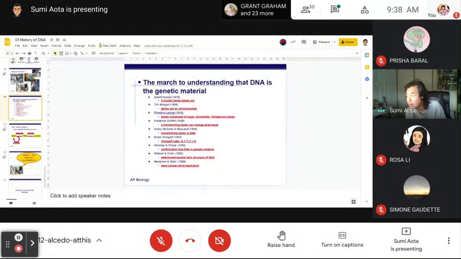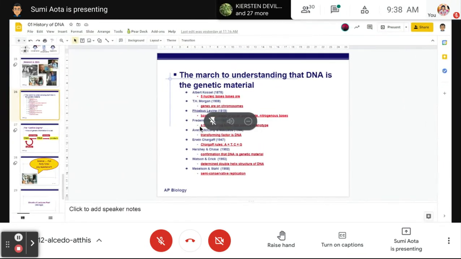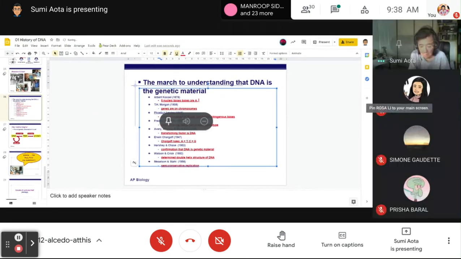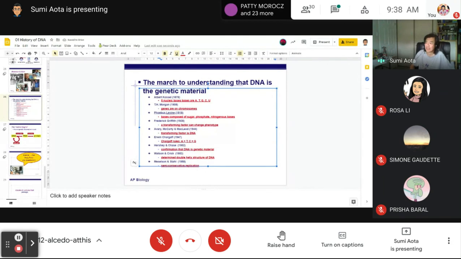That's the timeline. Okay. So that's basically the timeline in terms of the significance of their findings.